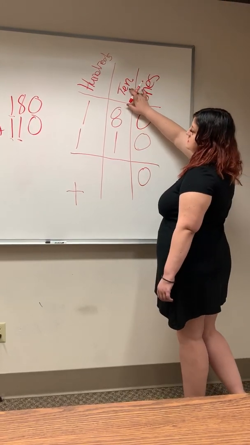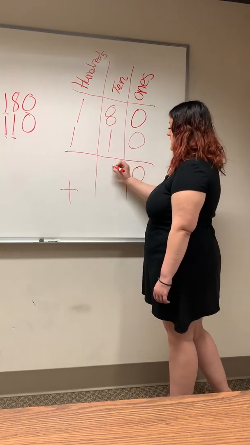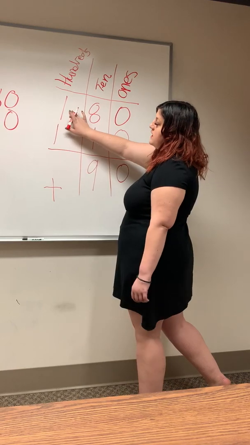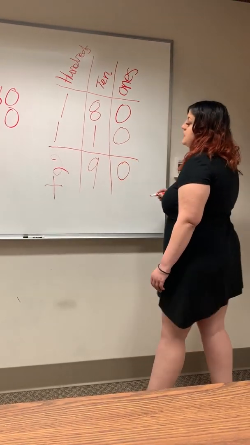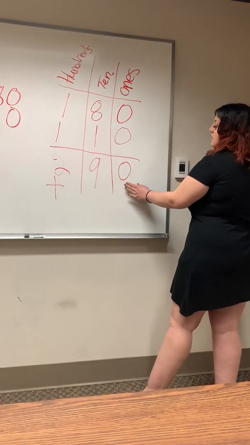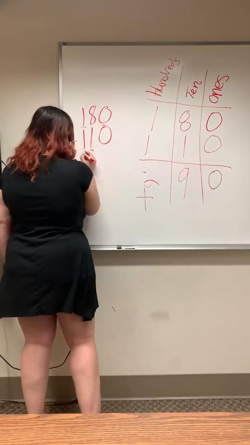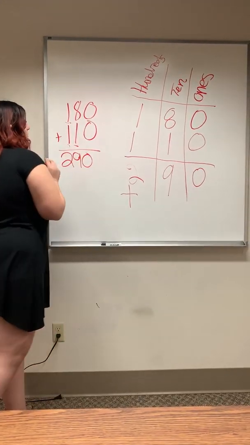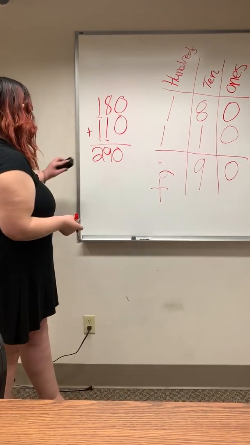Now in the tens, we see 8 plus 1 is, that's correct, 9. And lastly, in the hundreds, we see 1 plus 1, which is 2. So now we know we have 2 in the hundreds, a 9 in the tens, and a 0 in the ones. So our answer will be 290. Does anybody have any questions so far? Perfect. We'll move on to another example.